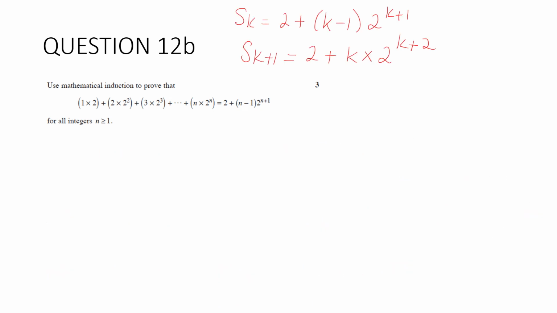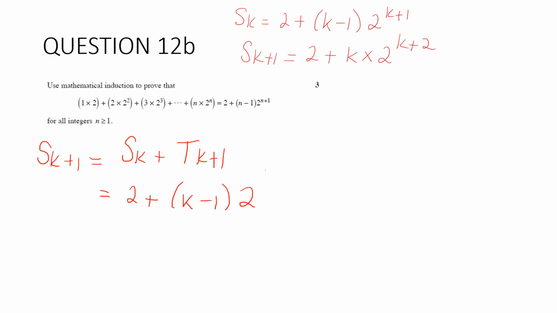So the sum of k plus 1 terms must be equal to the sum of k terms plus the k plus first term. So using our assumption, we've got 2 plus k minus 1 times 2 to the k plus 1, and the k plus first term is k plus 1 times 2 to the k plus 1.